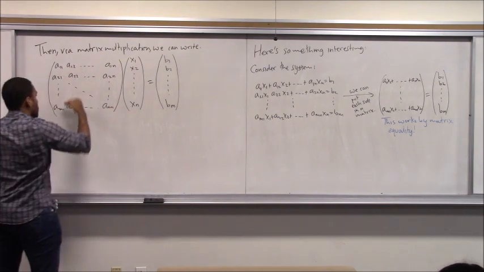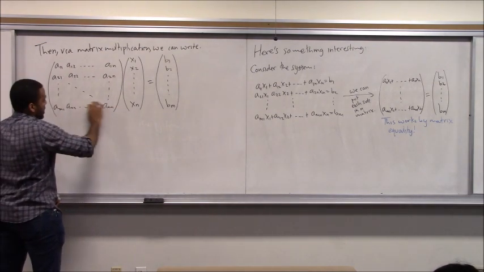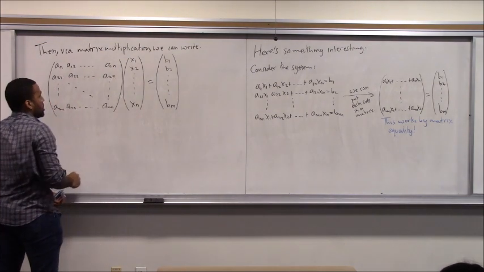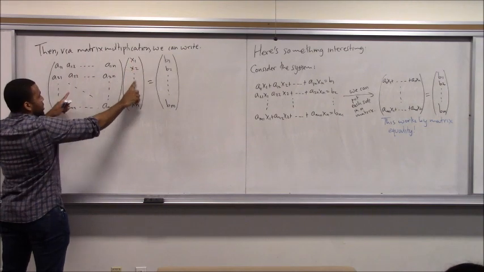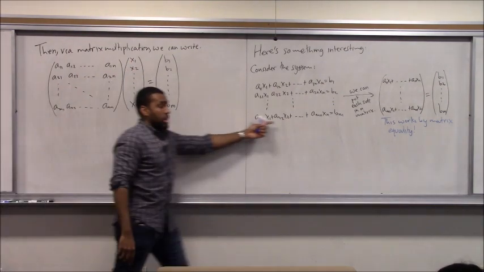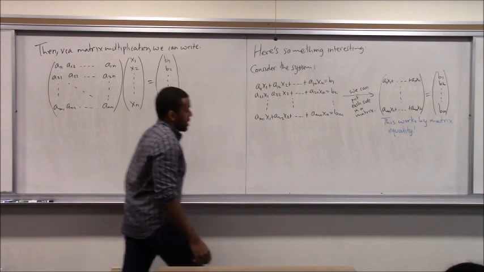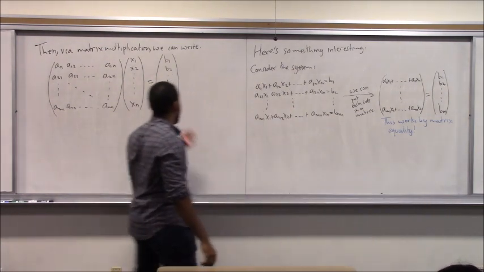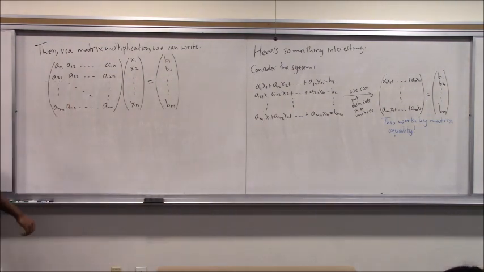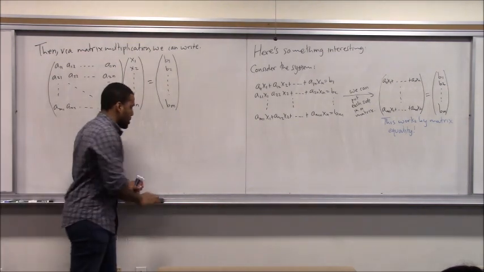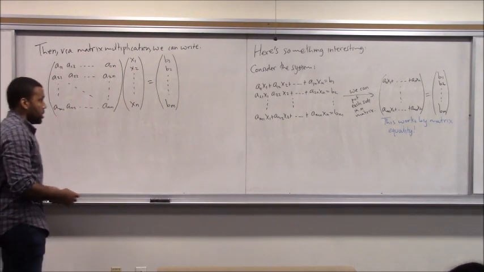And I can keep doing this all the way down to the last one. Take the last row times this column, I'll get this times this, plus that times that, and I'll create the last equation. So it turns out I can go from this situation to that situation. So I can actually use a matrix to represent the system.